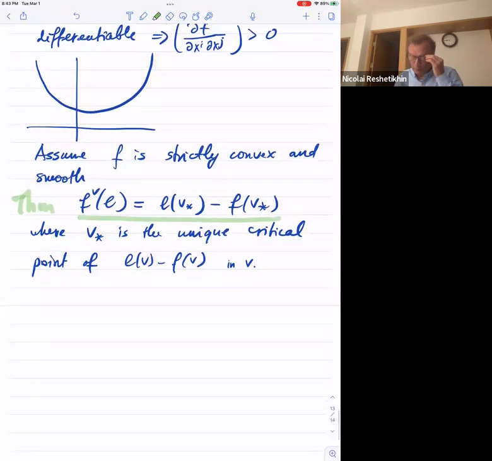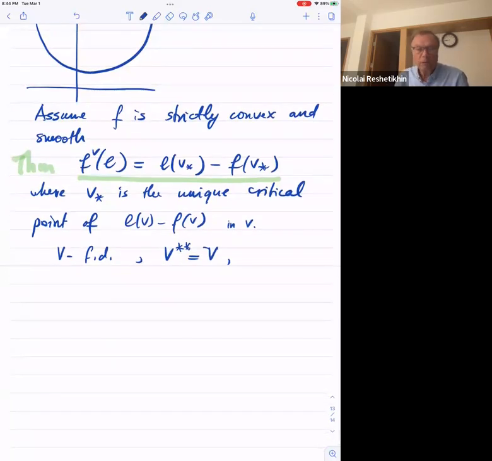But now, V is a finite dimensional vector space, so V double dual is equal to V. And so the question is, what if we do the Legendre transform twice?